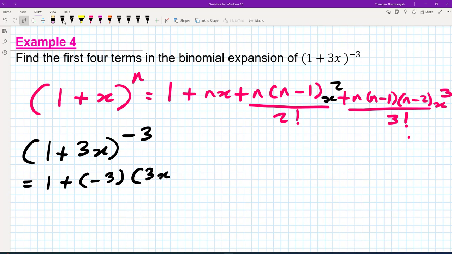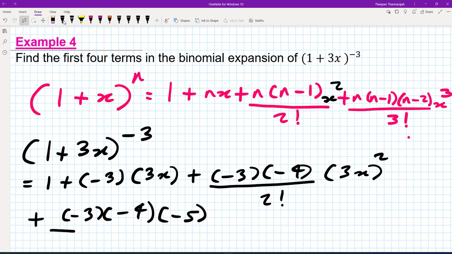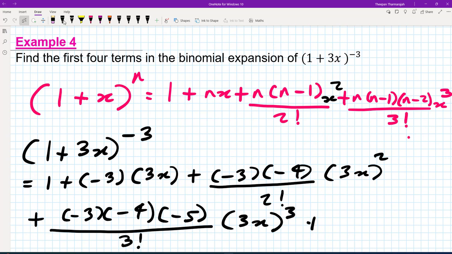So you write 3x here, plus minus 3 times minus 4 over 2 factorial, times 3x squared. And one more term, minus 3 times minus 4 times minus 5, divided by 3 factorial, times 3x all cubed, plus other terms.